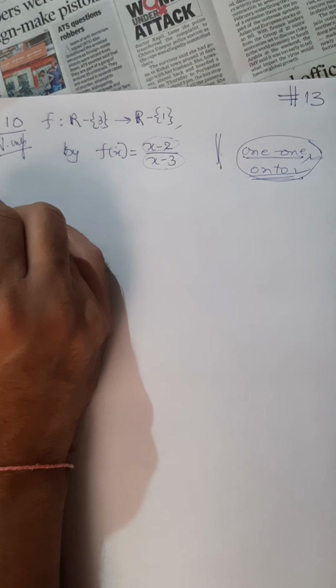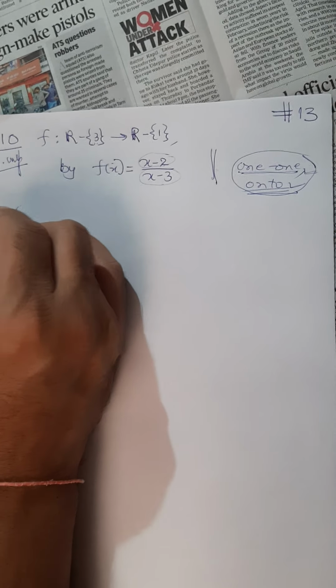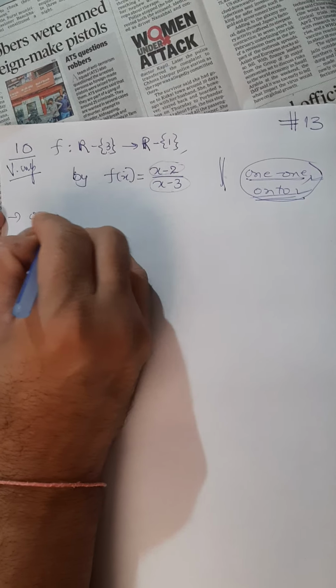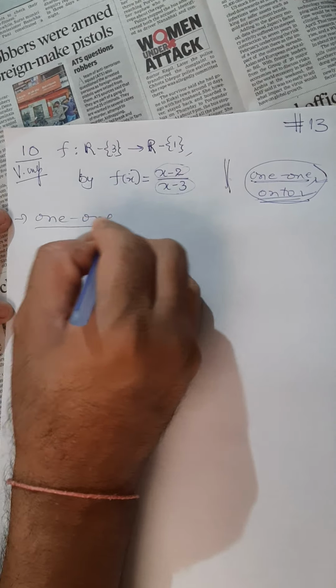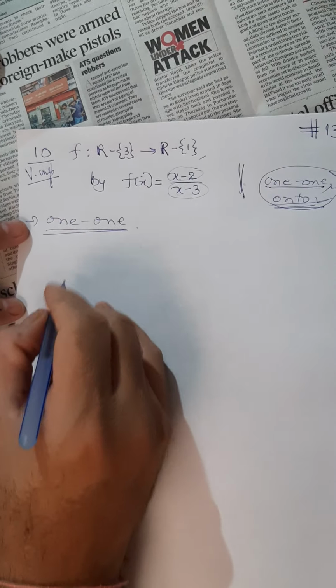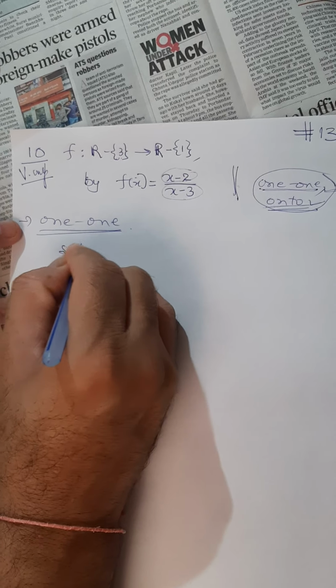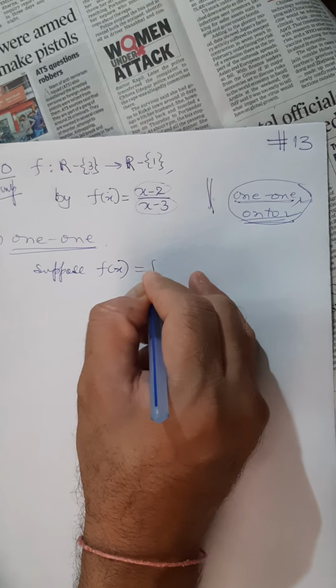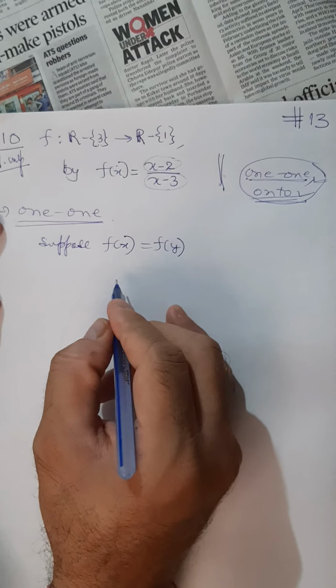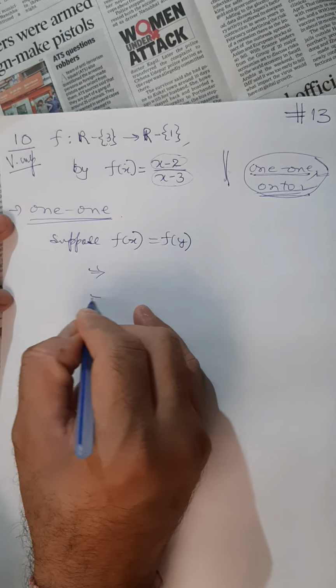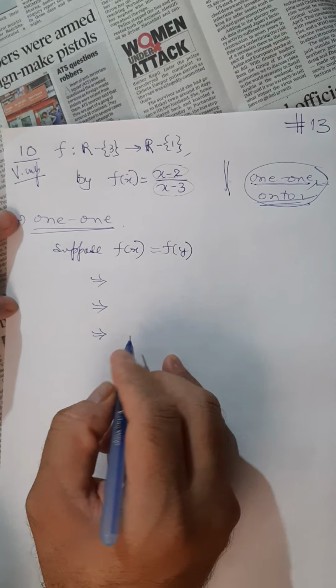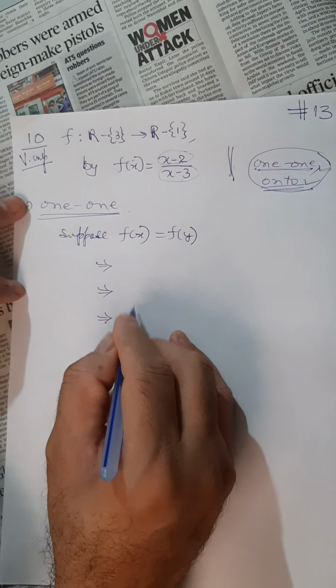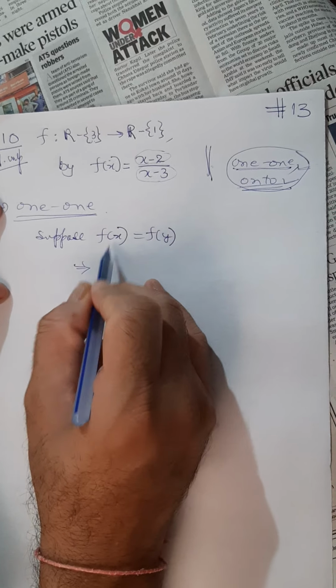Let's see here. So the first part, the 1-1 part, we want to see whether it is 1-1 or not. So we start with this. Suppose I take f of x equals f of y, right? And at the end you are going to show x equals y.